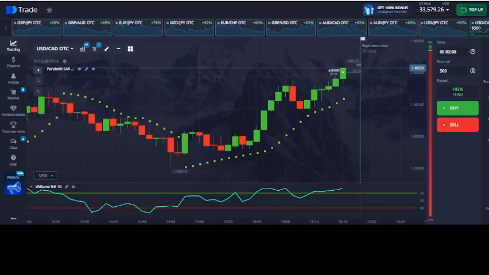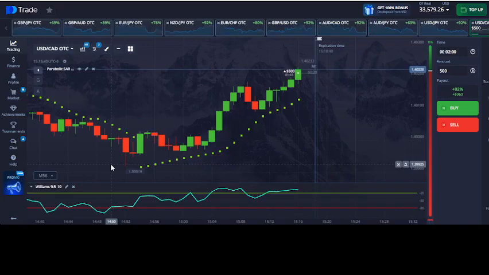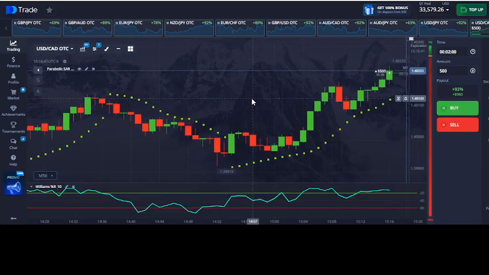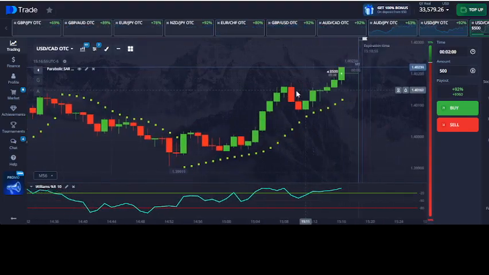Okay, so I'm on the US dollar, Canadian dollar, and I just took a buy trade here. The reason why I took the buy trade is, first of all, we're seeing a general bullish price action here in the price of the currency pair from bottom left to top right.